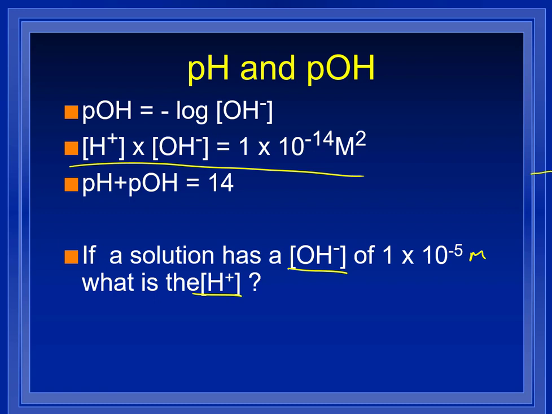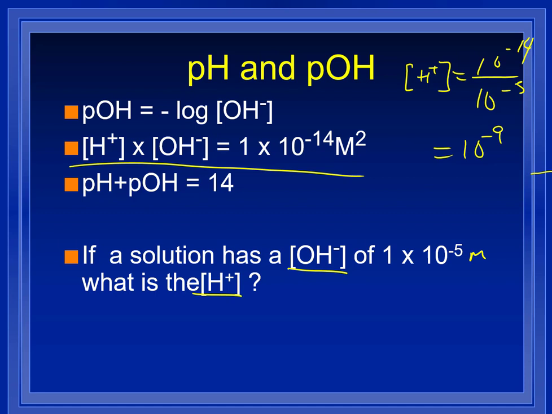So the H plus concentration is 10 to the minus 14th divided by 10 to the minus 5th, which is 10 to the minus 9th, because negative 14 minus a negative 5 is negative 14 plus 5, which is negative 9.